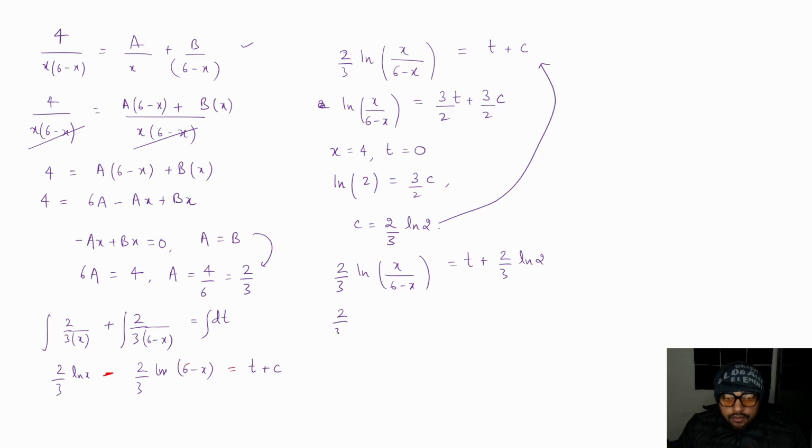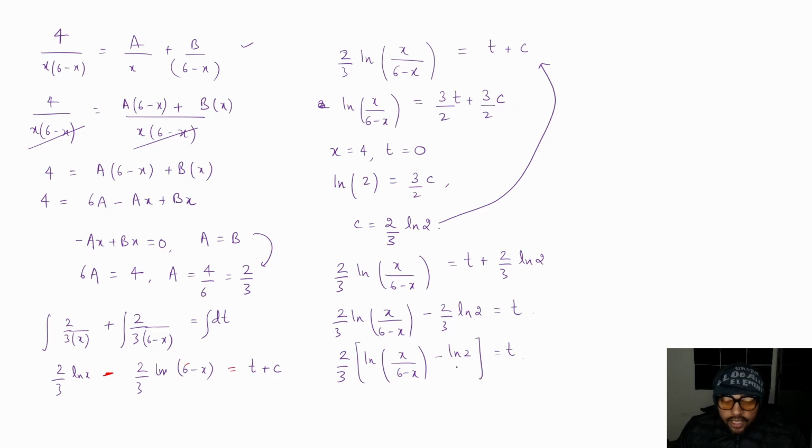So we'll get 2 by 3 log of x by 6 negative of x, negative of 2 by 3 log of 2, equals t. If I take 2 by 3 common here, we are left with the term log of x by 6 negative of x, negative of log of 2, equals t.